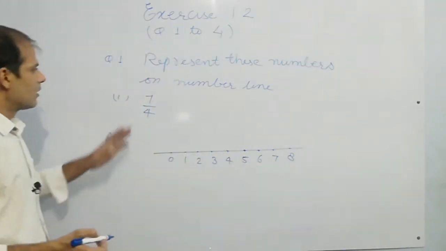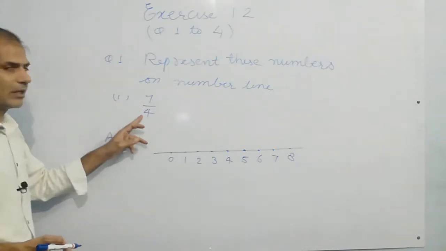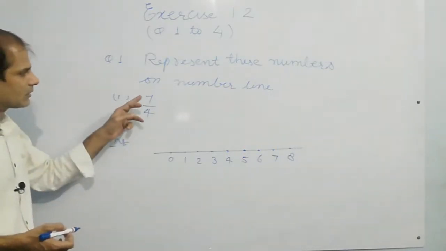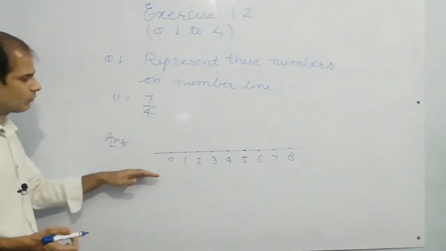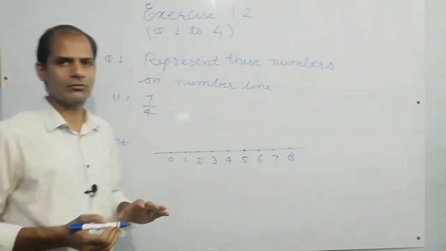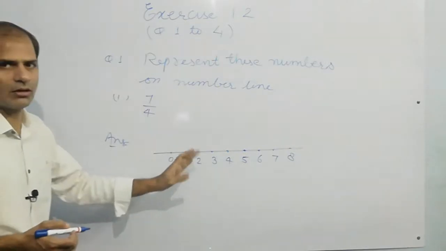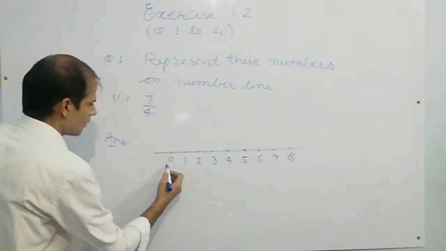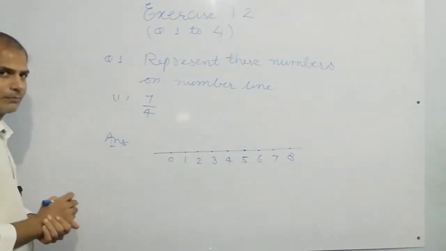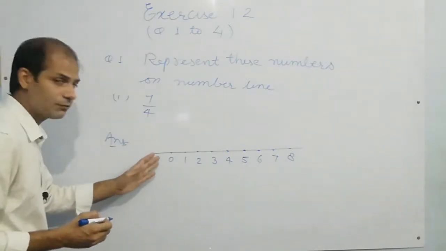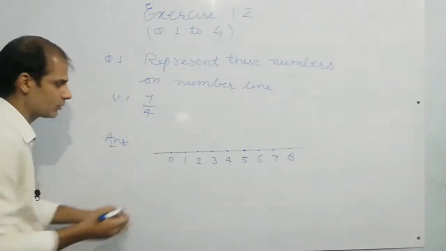Okay. Now there is a denominator 4. Means this number is divided by 4. So we will divide all these numbers by 4. This is the simplest method to show this kind of rational numbers on number line. So if you divide 0 by 4, it remains 0, so no need to divide 0 by 4.